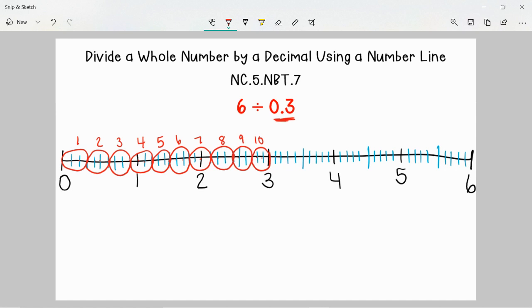So 1, 2, 3. Again, we're just circling groups of 3/10 so we can see how many groups of 3/10 there are in 6 wholes.